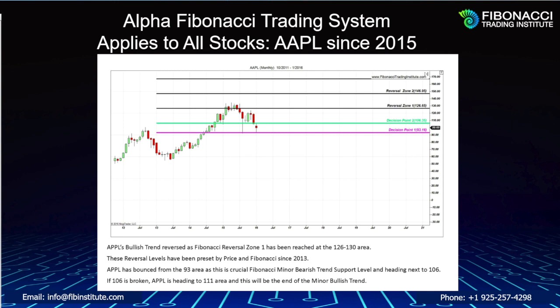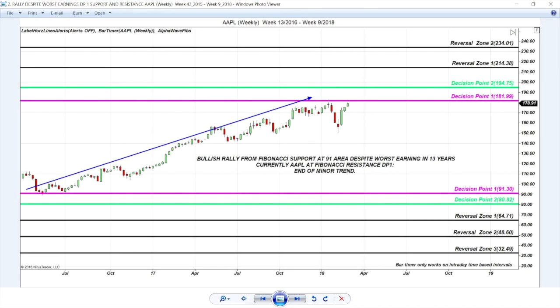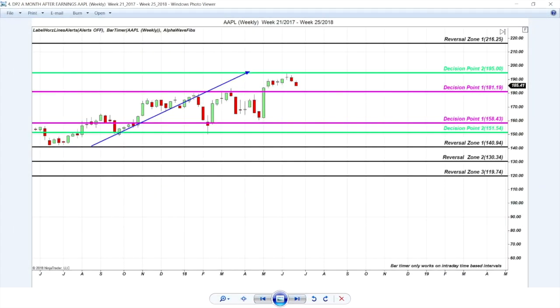When Apple comes out with the worst earnings in 2015, I present at Hedge Fund Convention, and what do I say? That this support is the lifeline on Apple. Apple doubles in value because support is respected, and Apple continues higher after earnings.